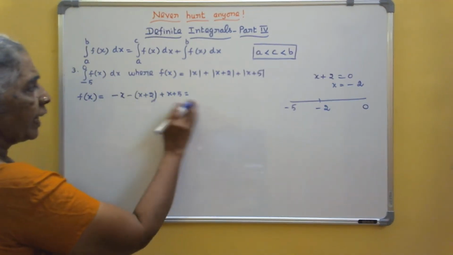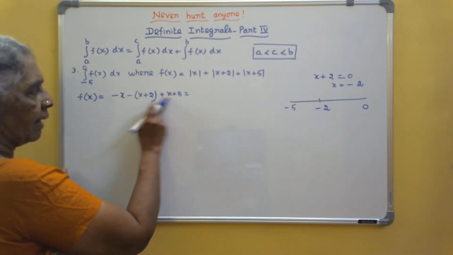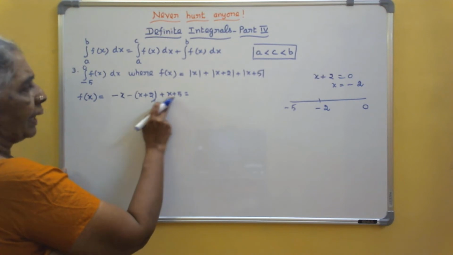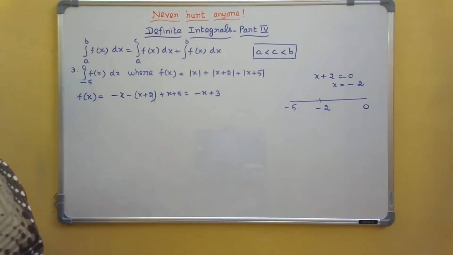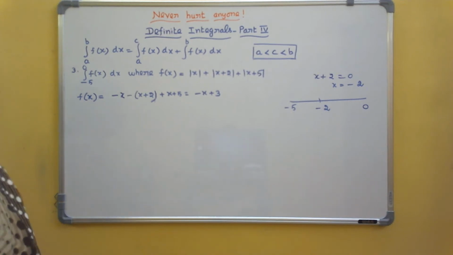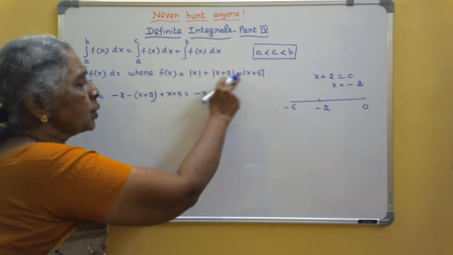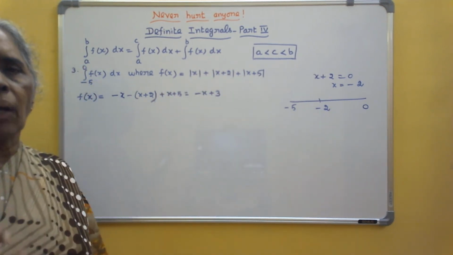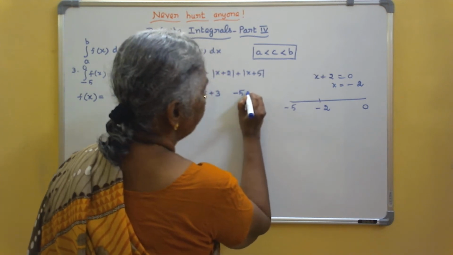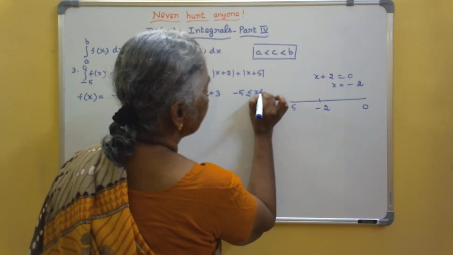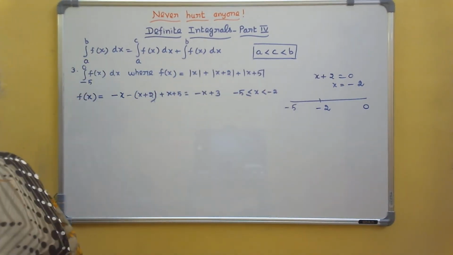So if I remove the bracket, minus x and plus x will get cancelled. I will get minus x minus 2 plus 5. So that will be minus x plus 3. Okay. So in this particular interval, I am checking each modulus, whether it will be plus or minus. Now, what is the interval I am considering? Minus 5 less than or equal to x less than minus 2. That is the interval I am now considering.